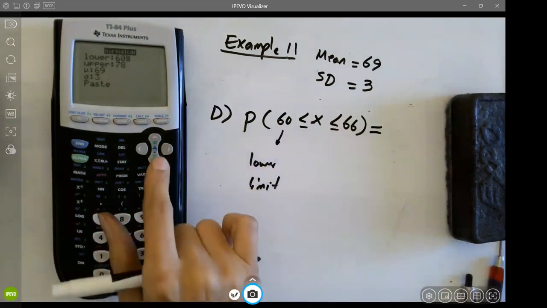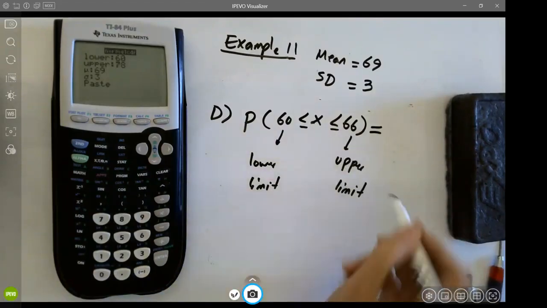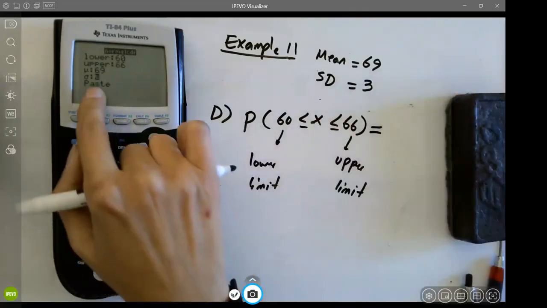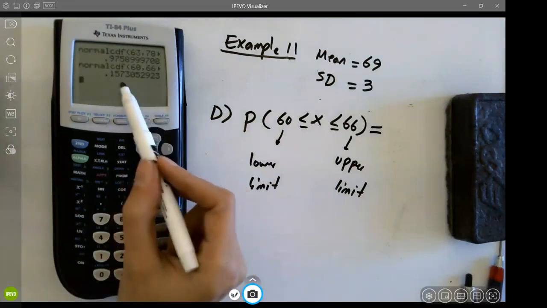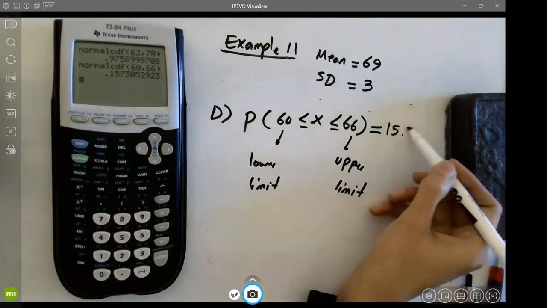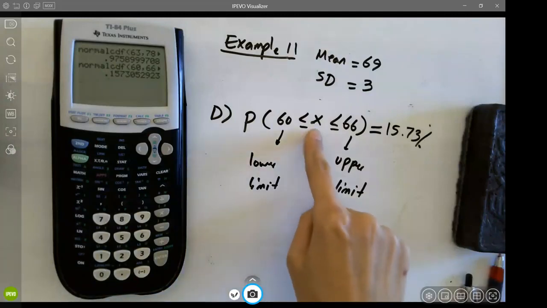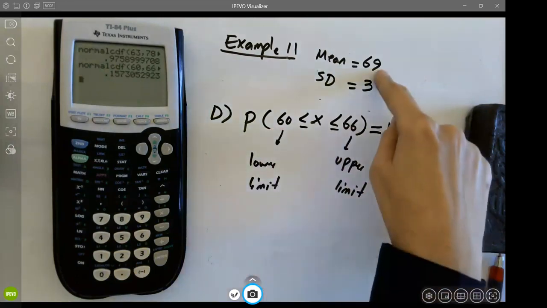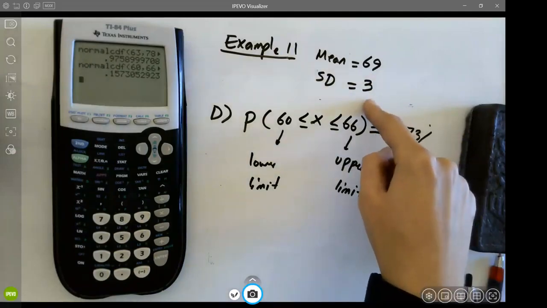Our upper limit is 66. Mu is 69. Standard deviation is 3. And here we go. We get 15.73%. This is our probability that we randomly select a person and that person's height is in between 60 to 66. So note that the mean is 69 with 3 standard deviations below the mean.